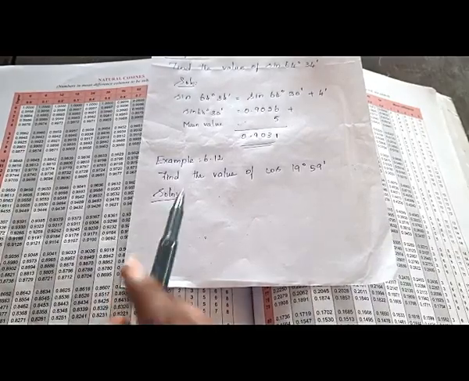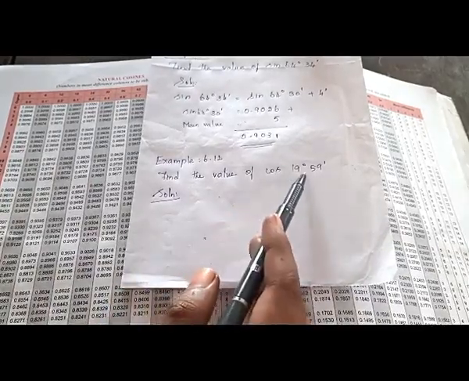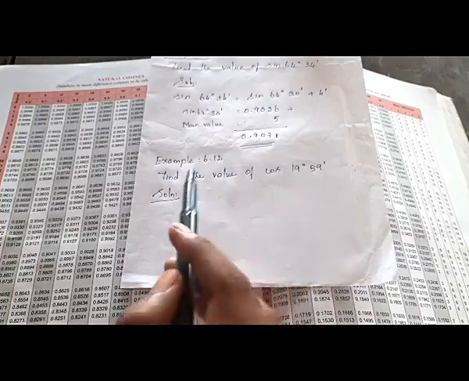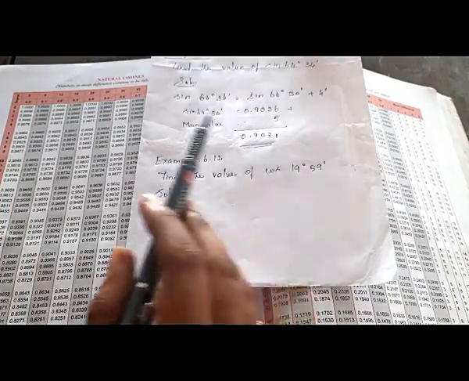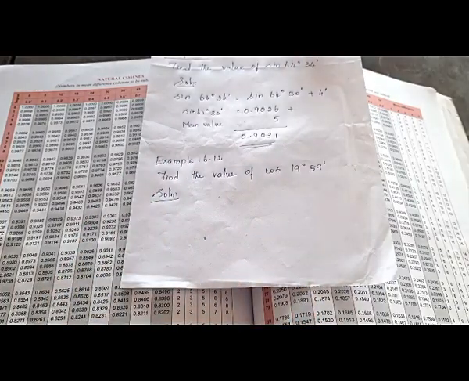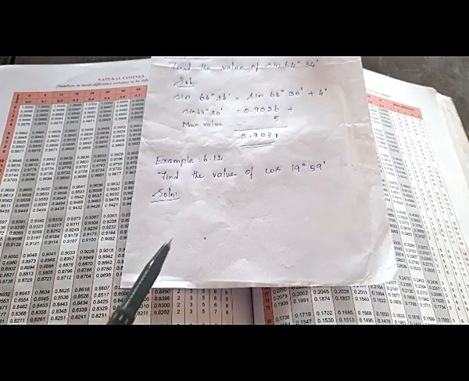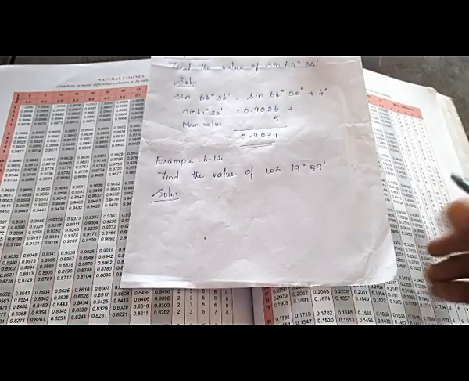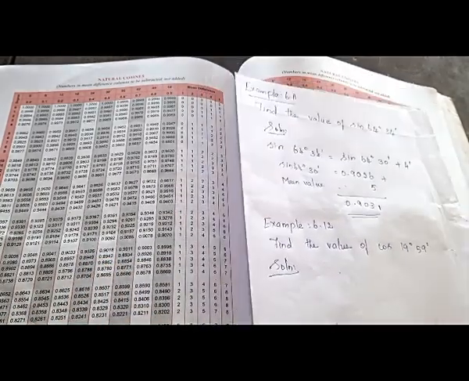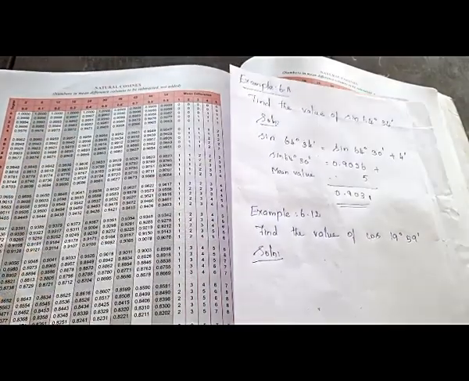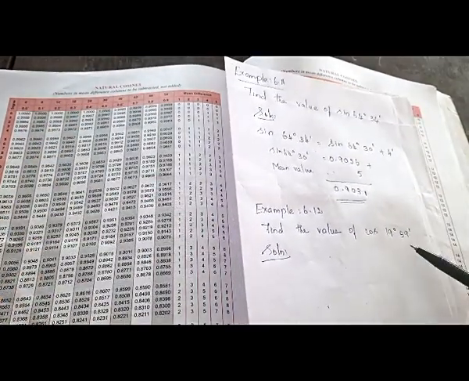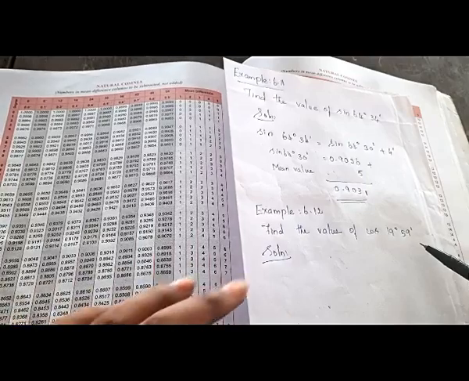Your next question is find the value of cos 19 degree 59 minutes. So it is cos, so turn to the cos table, that is on page number 244, natural cosines. Okay, so how can you find the value? It is natural cosine. We need cos 19 degree 59 minutes.